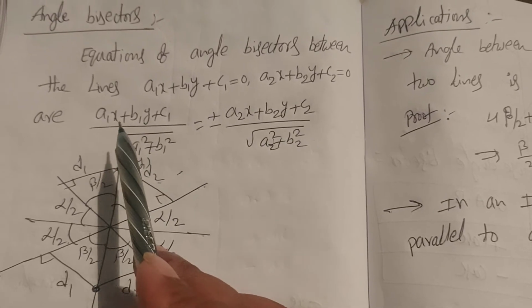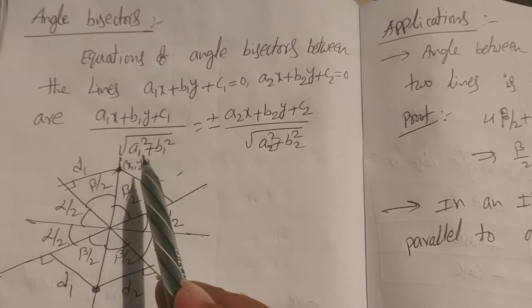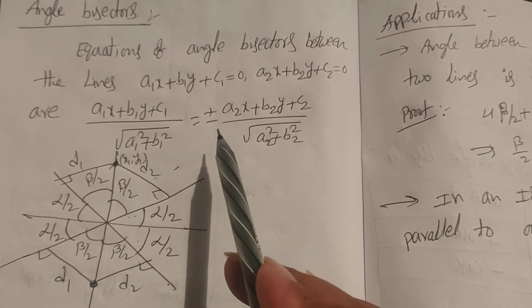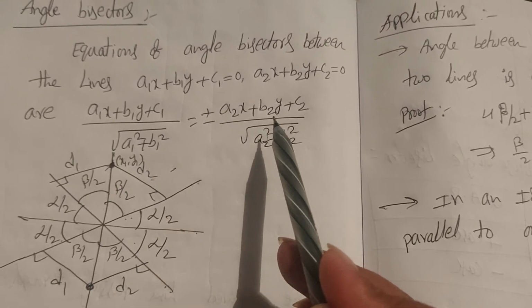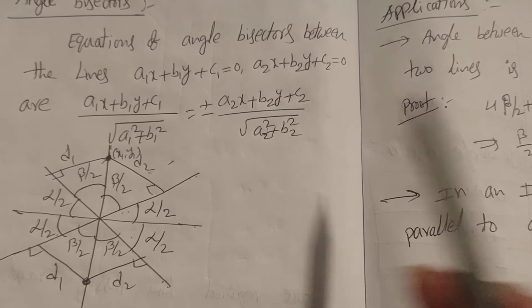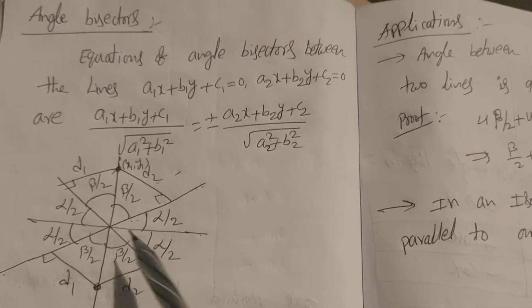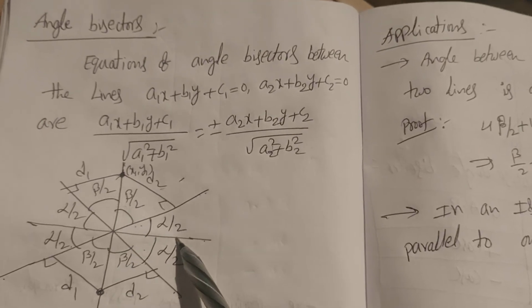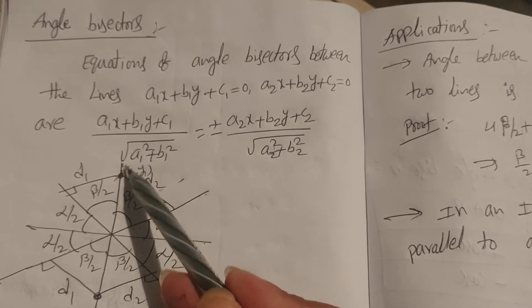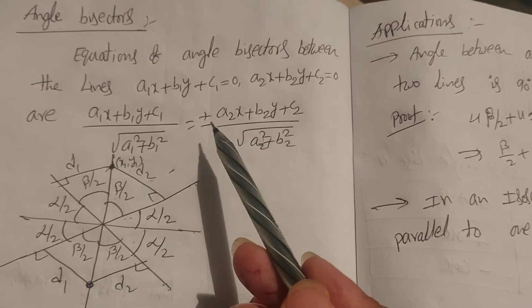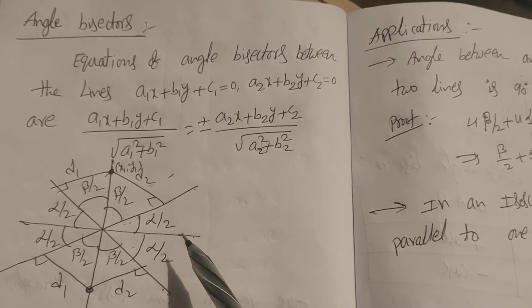And another one is (a1x plus b1y plus c1) by root over a1 square plus b1 square is equal to minus (a2x plus b2y plus c2) by root over a2 square plus b2 square. So one will be this one, then another one will be this one, but we don't know exactly which side takes positive and which takes negative.